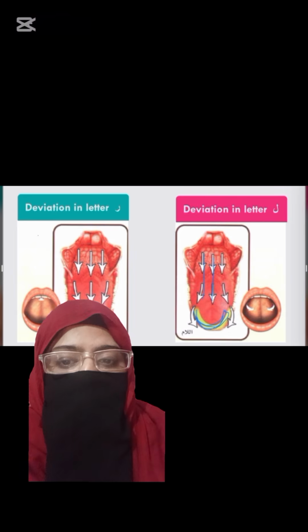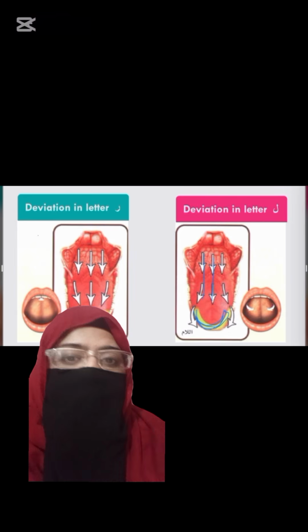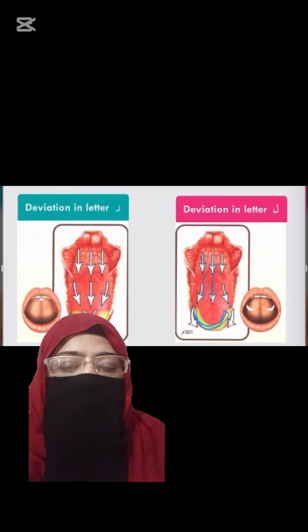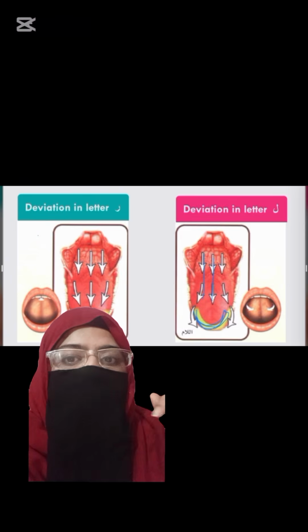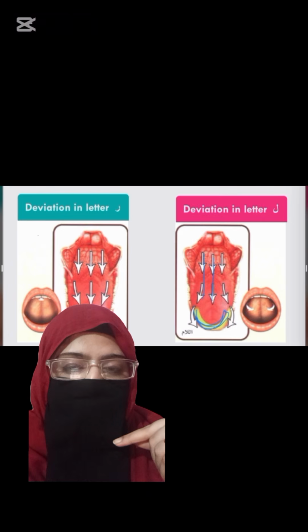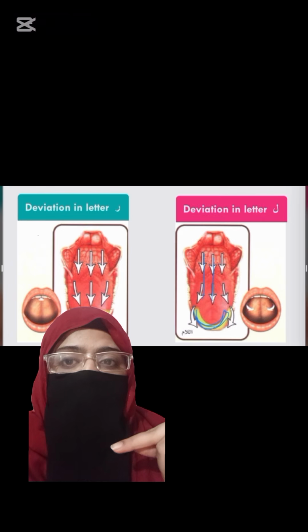Second mistake: the sound should not be stopped or forced unnecessarily. Third is producing Raa from the middle of the tongue. That is the wrong way.